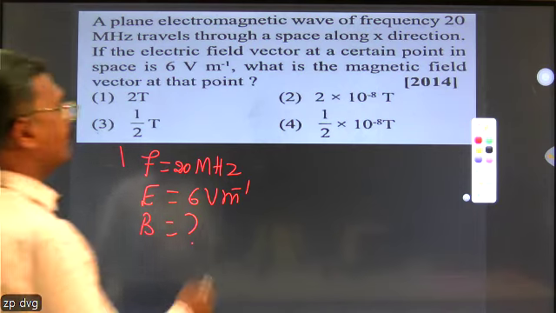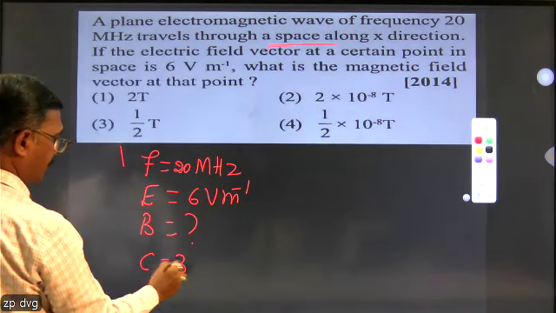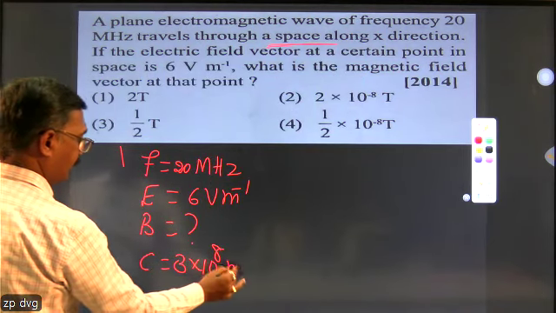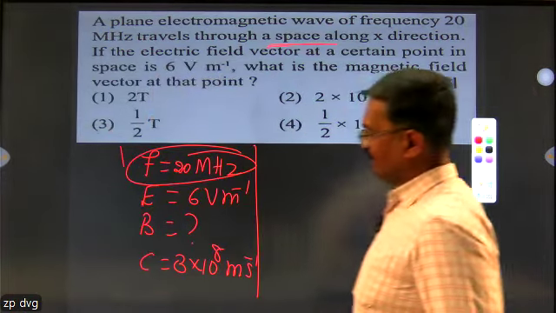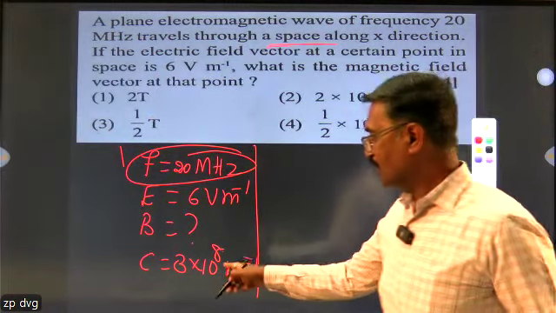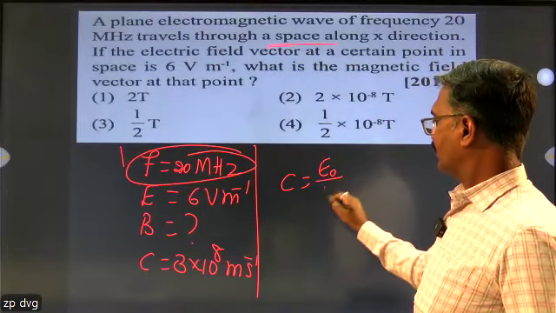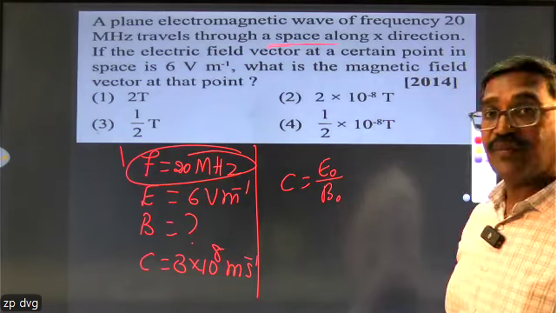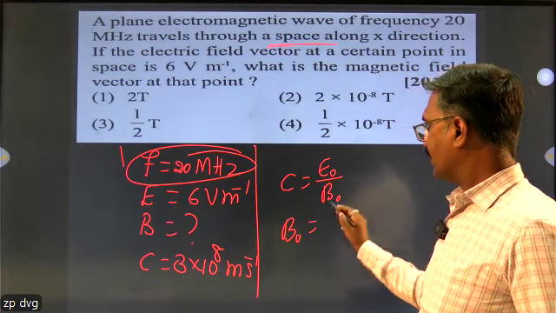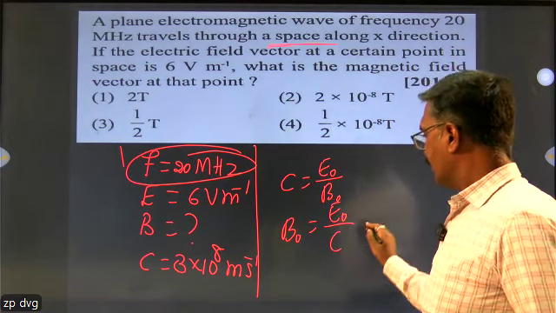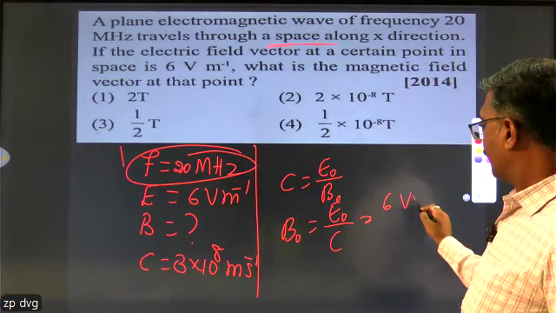He has said space. So space means it moves with velocity c equal to 3 into 10 power of 8 meter per second. See, he has given this frequency to confuse us. We have no work with that frequency, because we know c, we know E, we have to find only B. c is equal to E naught by B naught. So B naught will be equal to E naught by c. How much is E naught? He has given 6 volt per meter.